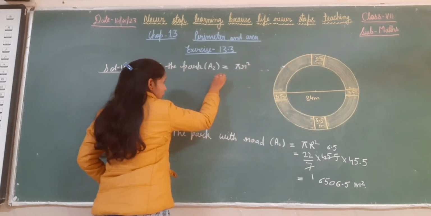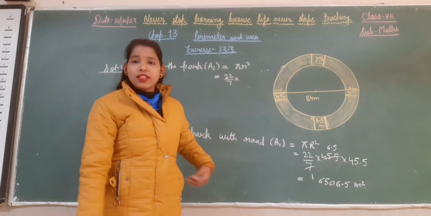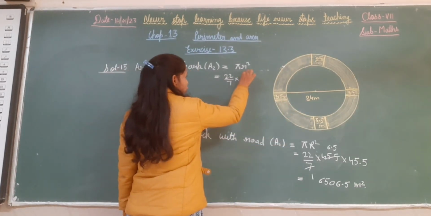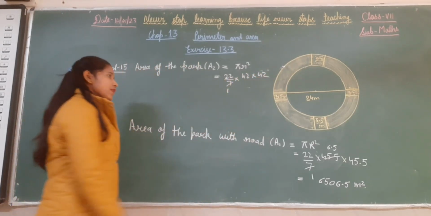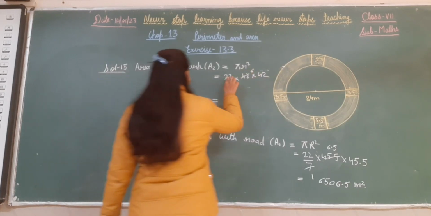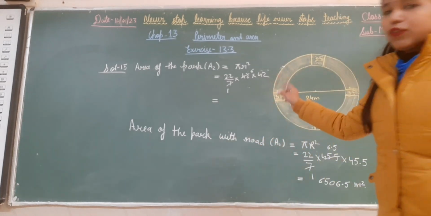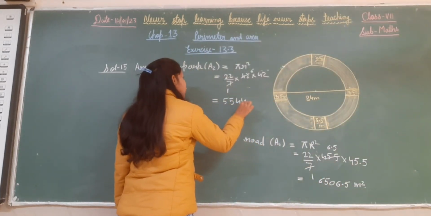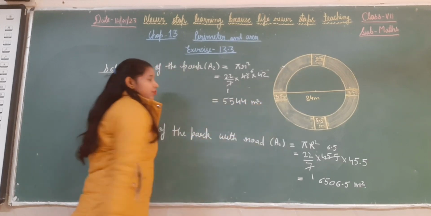Pi is 22 by 7, and what is the radius of the park? It is 42. So write here 42 multiplied by 42. 7 ones are 7, 7 6s are 42. And when we multiply 22 by 6 into 42, what will come? 5,544 meter square.